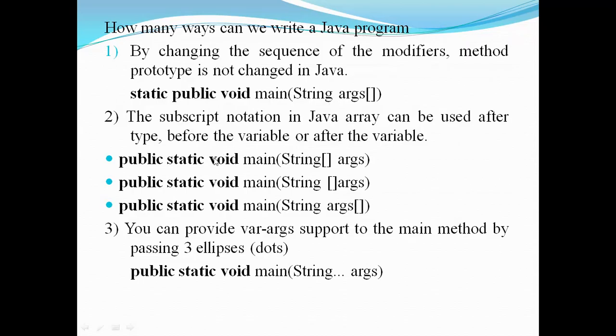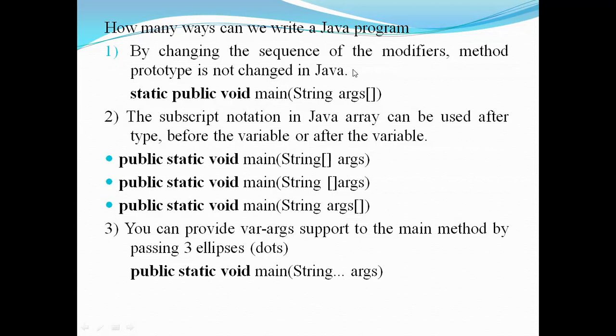And the subscript notation in Java arrays can be used like this. The string args can be used before or after the variable. You can also provide varargs support to the main method by passing three ellipses, that is, three dots here.